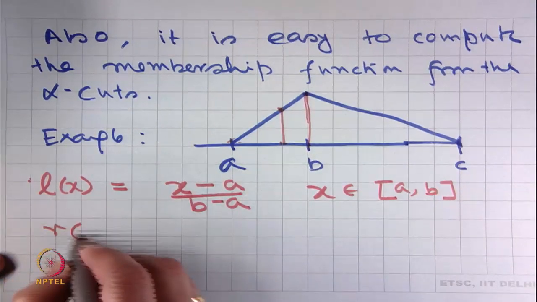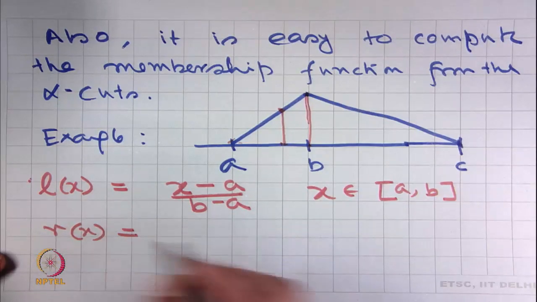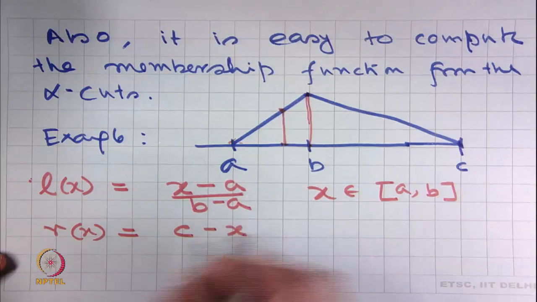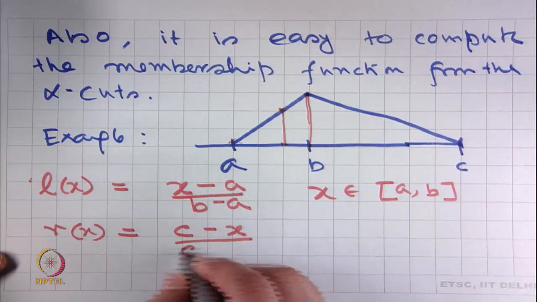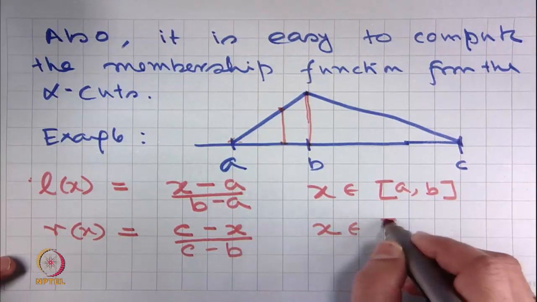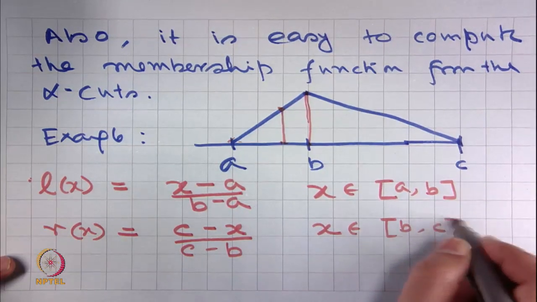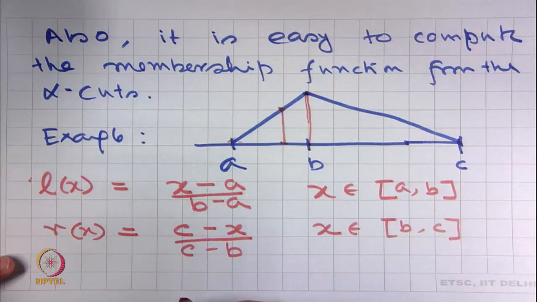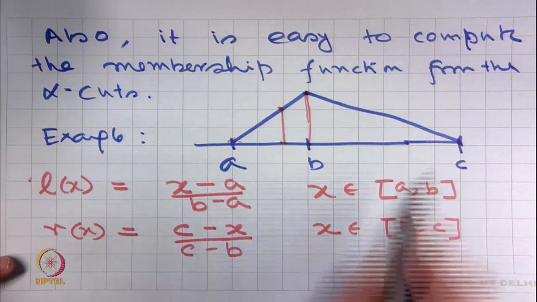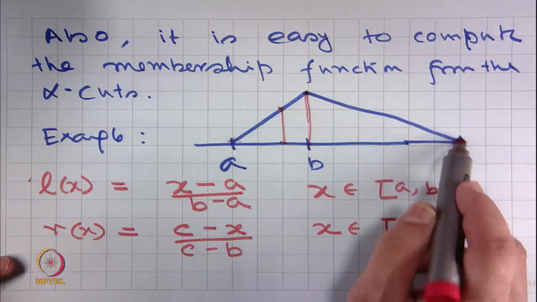In a similar way, Rx is going to be (c minus x) upon (c minus b) for x belonging to [b, c]. As you can see, putting the value x equal to b, we get 1, but putting the value x equal to c, we get 0.